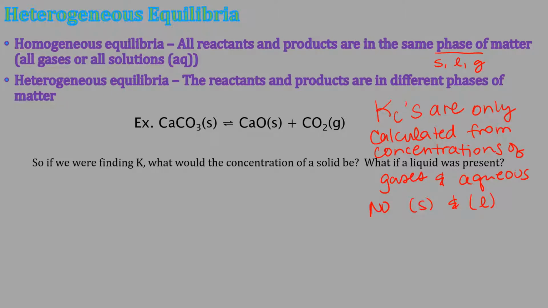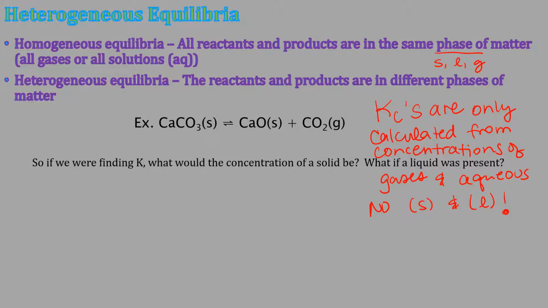And Kp's are only gases because they're the only ones that have pressure. You can think about that because a solid would be something that is 100% that substance, so it's not going to have a concentration. It's not like you're dissolving some of that solid in a liquid.